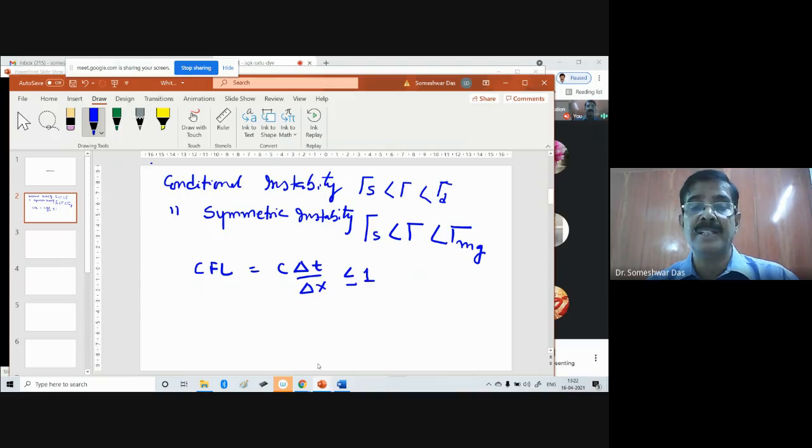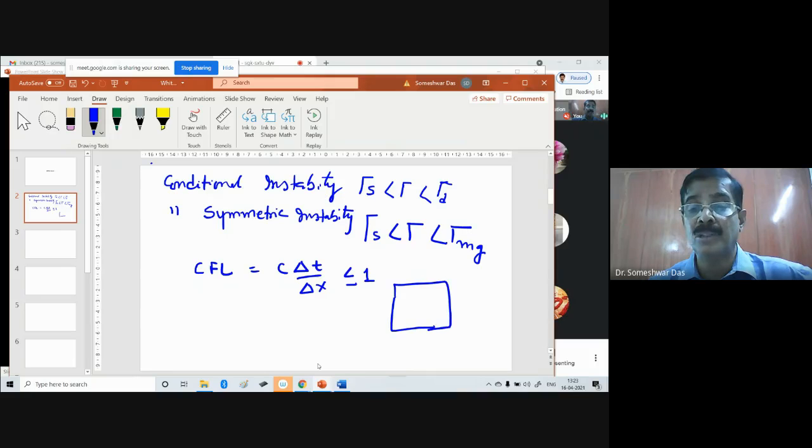That's what we've been discussing just now. But delta t is the time step of the numerical integration, and delta x is the horizontal resolution, like you have seen in the previous diagram, the horizontal resolution of the grid points.